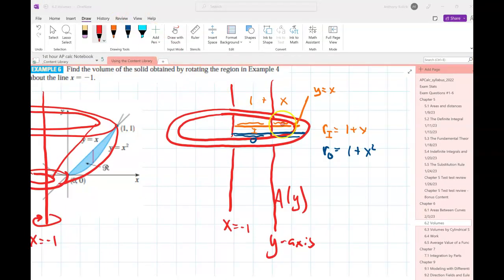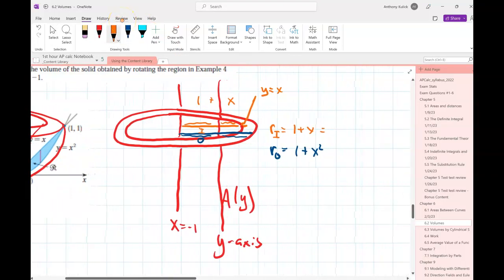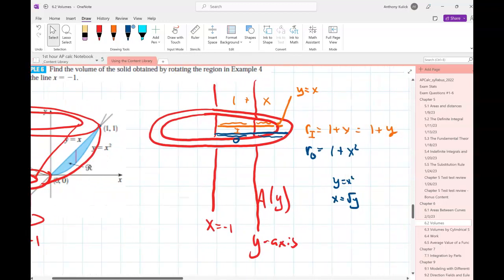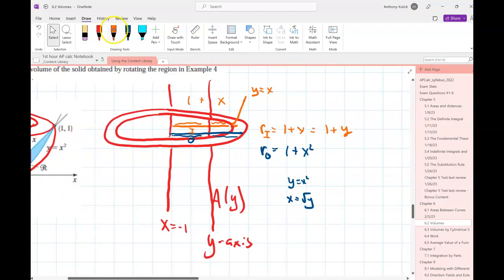But we said we were going to integrate with respect to y, so I don't want x's in these. Now this one's easy because the equation is y equals x. Here we know that y equals x squared, so x is just the square root of y. And if we look at our picture, all of this is above the x-axis, so I can drop the plus or minus and just leave it as square root y.